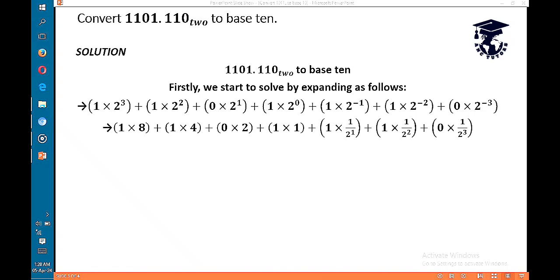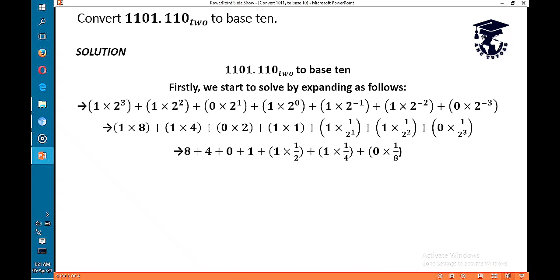Simplifying this, we have 1 times 8 is equal to 8, plus 1 times 4, which is equal to 4, plus 0 times 2, which is equal to 0, plus 1 times 1, which is equal to 1, plus 1 times 1 all over 2 raised to the power 1, which is 1 all over 2, plus 1 times 1 all over 2 raised to the power 2, which is 1 all over 4, plus 0 times 1 all over 2 raised to the power 3, which is the same thing as 0 times 1 all over 8.